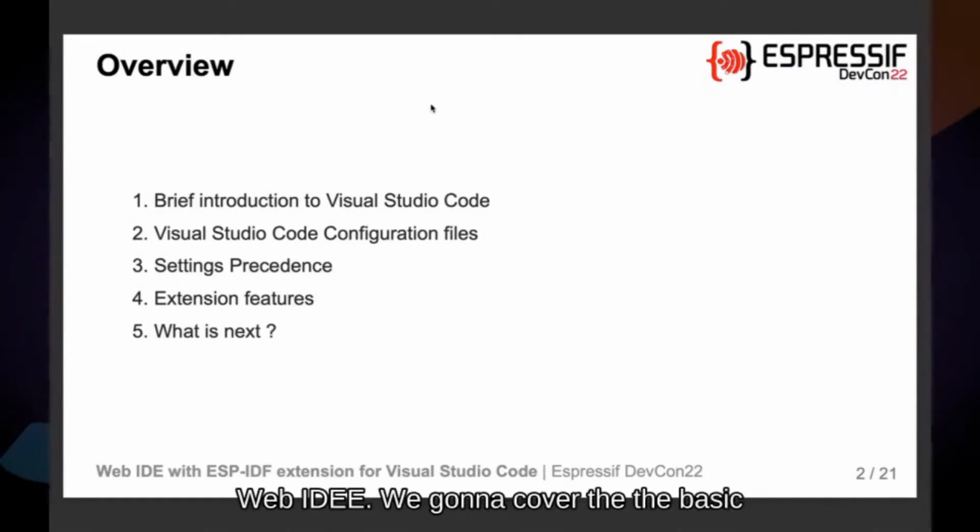We're going to cover the basic layout and some files that you might need in order to work with this IDE. And we're going to take a quick look at the features that we provide in the extension and what is possible to do with the extension.